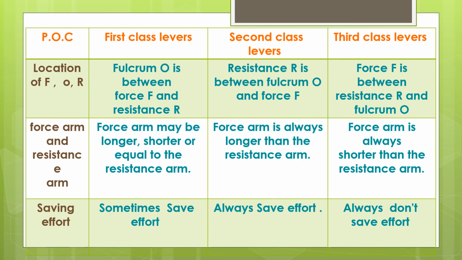Let's start this comparison between the three classes of levers. First-class levers: the location of fulcrum, effort force, and resistance force. Here in first-class levers, the fulcrum is between the effort and resistance force, while in second-class levers, the resistance force is between the fulcrum and effort force. Okay, in third-class levers the effort force is between the resistance force and the fulcrum.